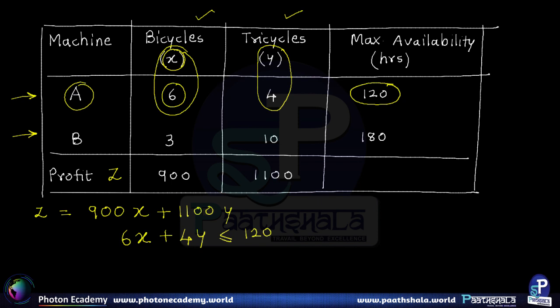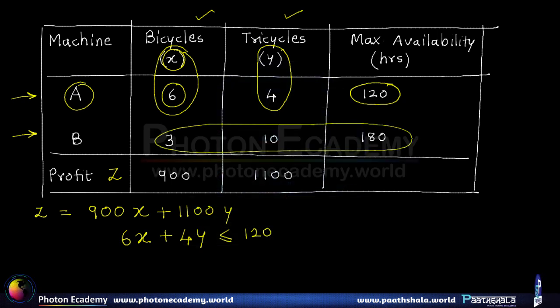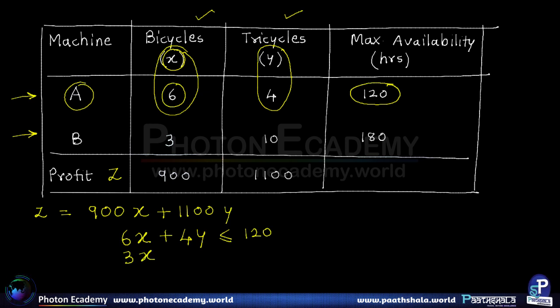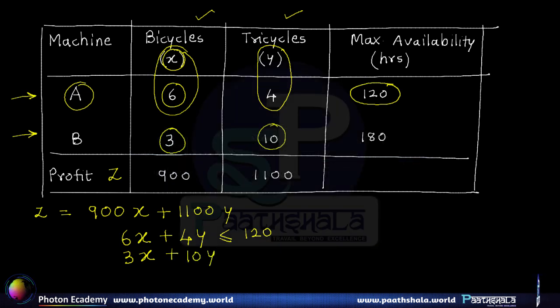Similarly we can write for machine B. It will be 3x, because x bicycles would need 3x hours, plus 10y, because y tricycles would need 10y hours, and here also that has to be within the limit of 180.